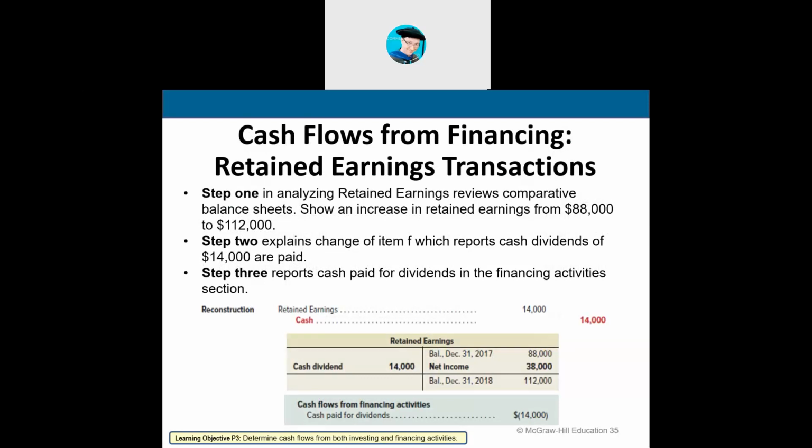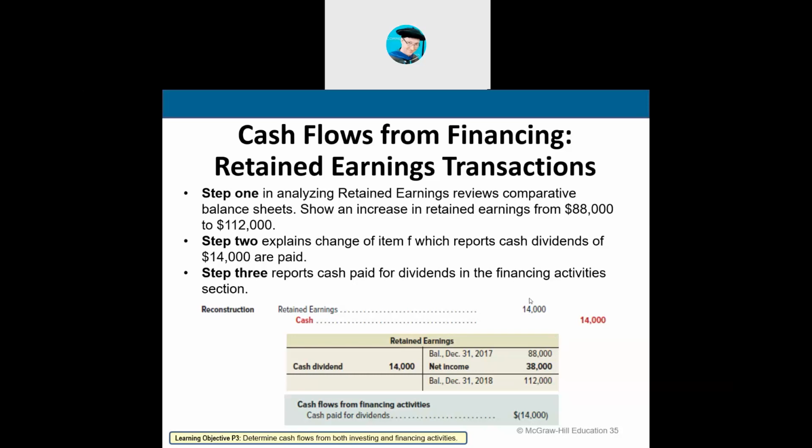And so we can also derive the retained earnings transactions from this as well. And how do we do that? We look at analyzing retained earnings from the balance sheet. We subtract out cash dividends that are paid out, and we record the ending balance of retained earnings.